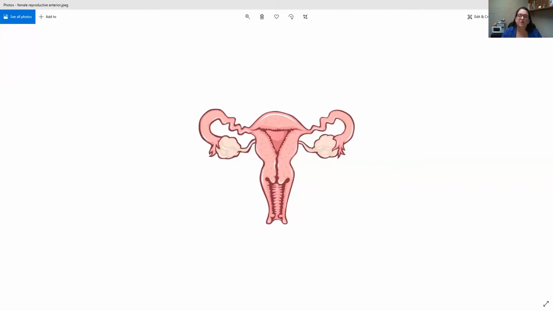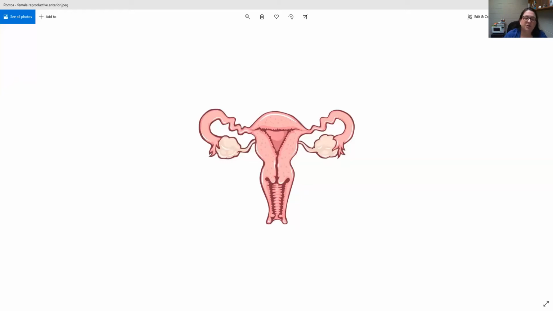Now, if you have cared for older people, in particular, if you've tried to place a Foley on an older woman, you may have noticed that at times these tissues become thinner, more friable, they get atrophied, and sometimes the urethral opening, it's not that it actually moves, it's that the tissue has changed position.